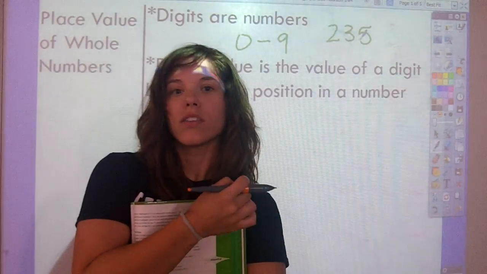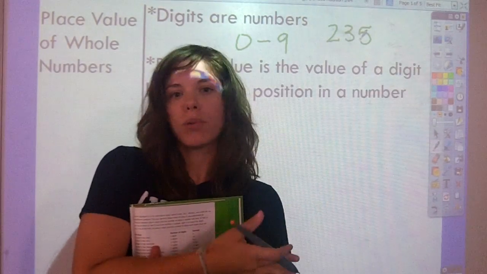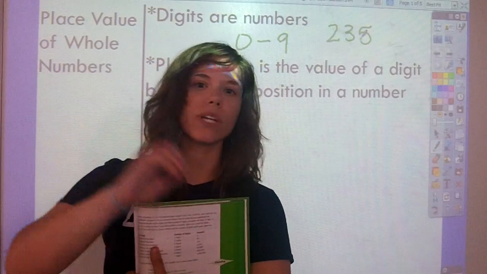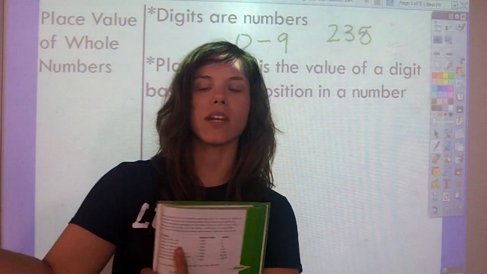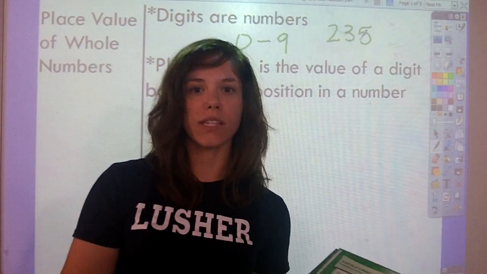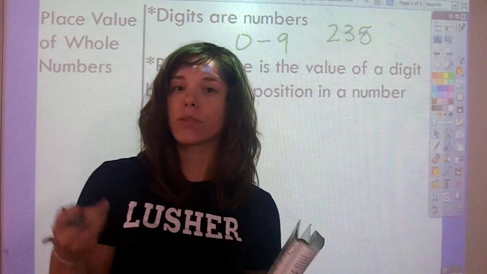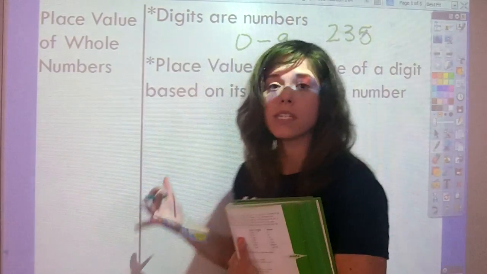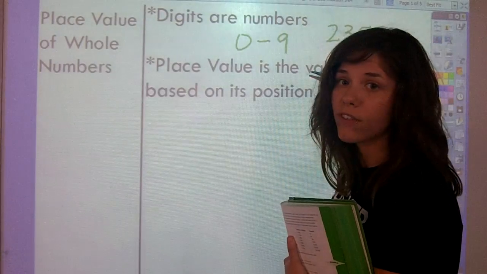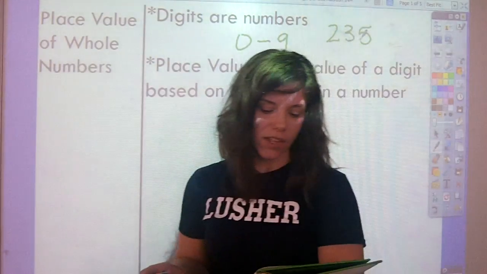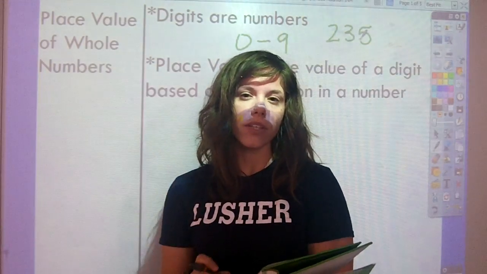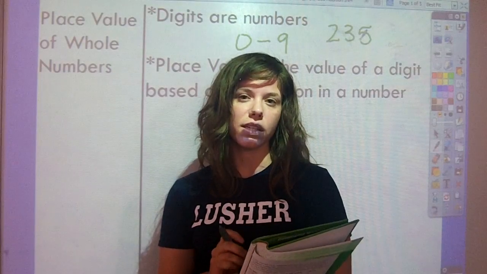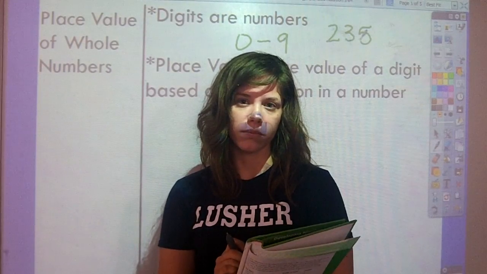However, this number means nothing without place value. The digits 2, 3, and 5 can be put together in a bunch of different ways to create different numbers, but the place value is what makes this equal to 235. Place value is the value of a digit based on its position in a number.